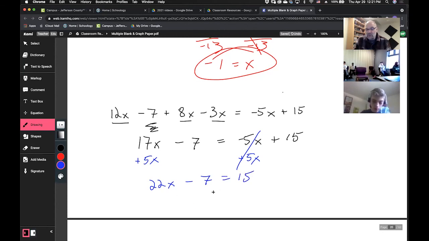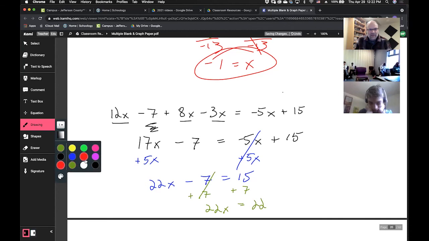All right. Now this is where we were on Tuesday. This is a two-step equation now. We have two things to get rid of, the minus 7 and the 22 times. So what's easier to get rid of first? 7. So to get rid of minus 7, you add it. So 22x is left on the left side, and then 22.